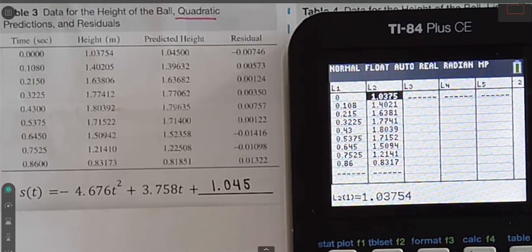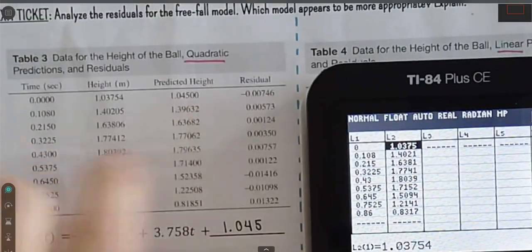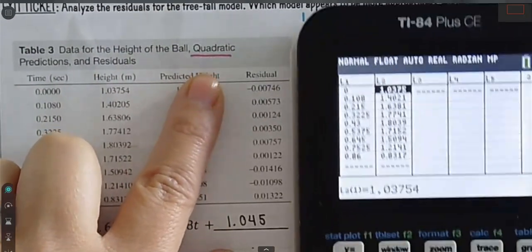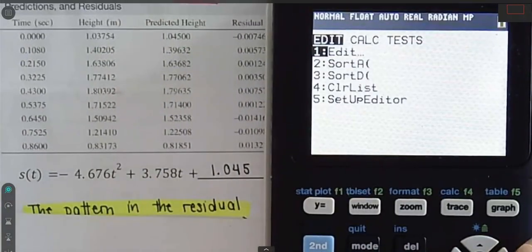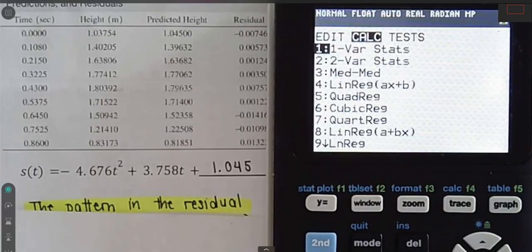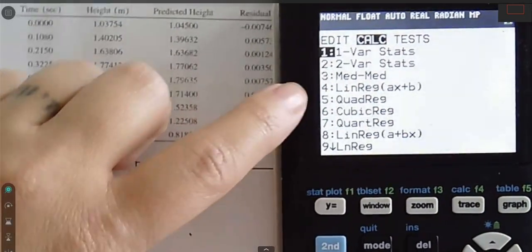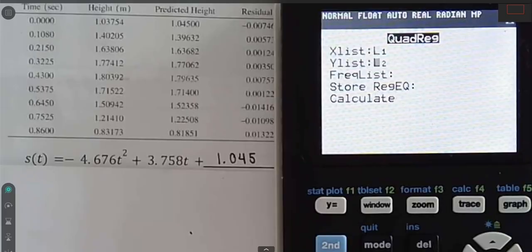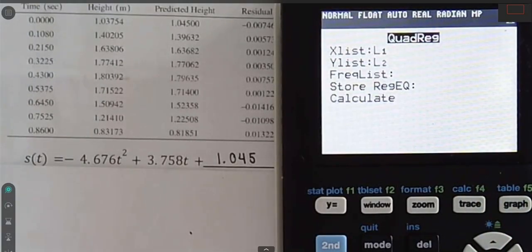All right, so from here, in this case, notice we're using a quadratic regression model. So you're going to go back to Stat, go to Calc, and quadratic regression is number 5. No need to calculate the y1, vars, y vars, so just hit calculate.